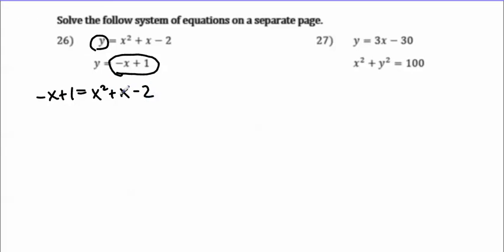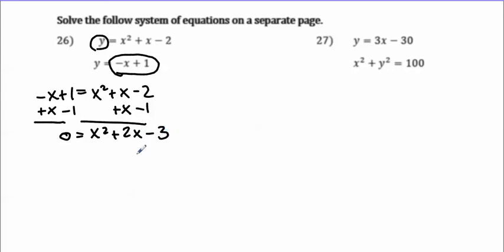Now I can see it's a quadratic equation. To solve a quadratic, you need to make one side 0. So I'm going to add the x to move it to the right and subtract the 1. So now this side is 0. X squared plus 2x minus 3.